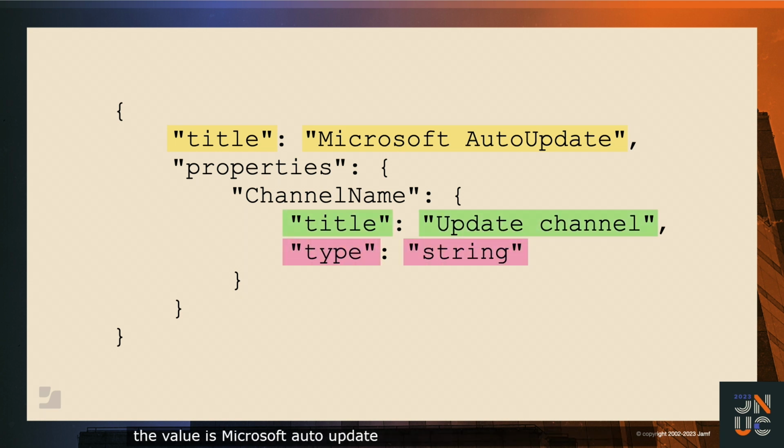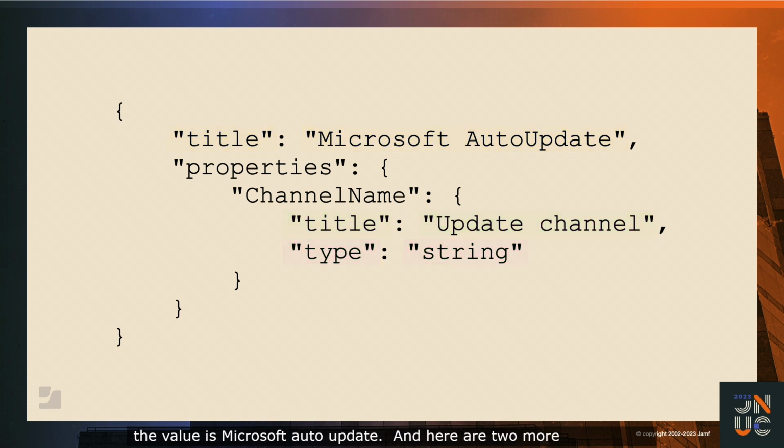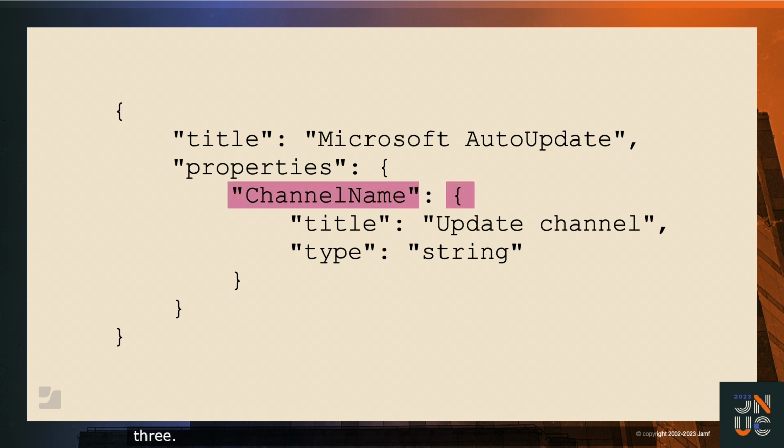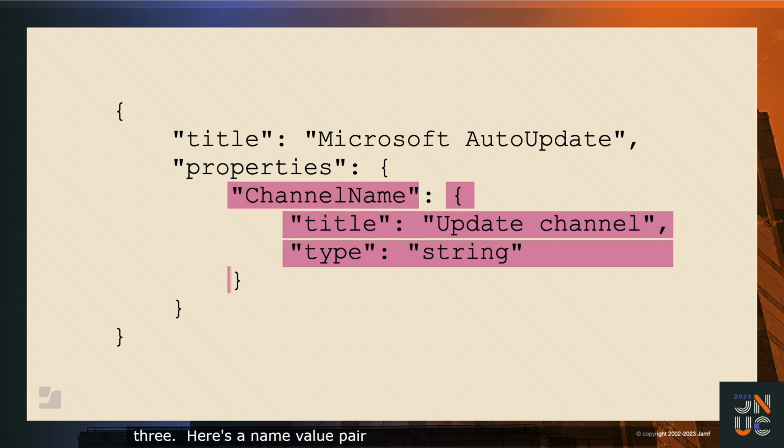But if we look a little bit closer, we'll see that there's more than just these three. Here's a name-value pair where the value is an object. In other words, the name is still just a name, but the value on the right side of the colon is actually made up of two more properties, title and type. And each of these properties has its own value.